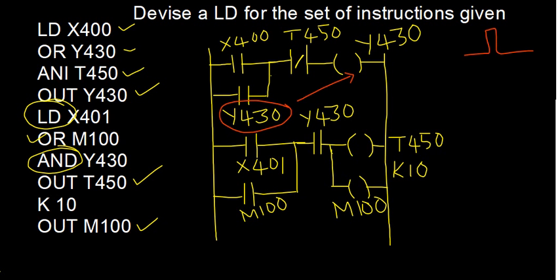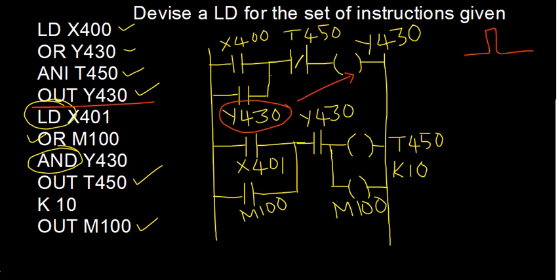This is what we have seen in our earlier presentations also. So that's what happens even in this example, till you have the instructions OUT Y430, LD X400, OR Y430, ANI T450. For the time being let us not worry what exactly your T450 does, because its contacts are somewhere later, right? Only the switch corresponding to its contact has been included in the first rung.